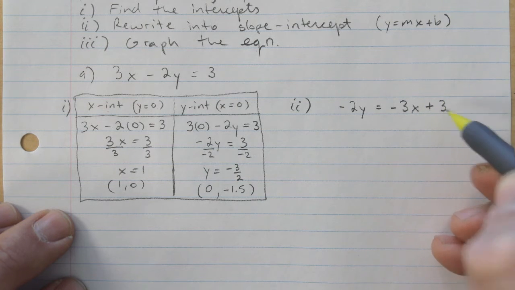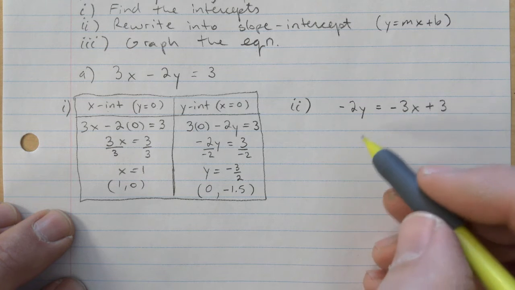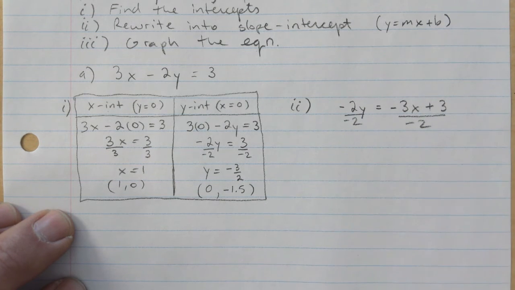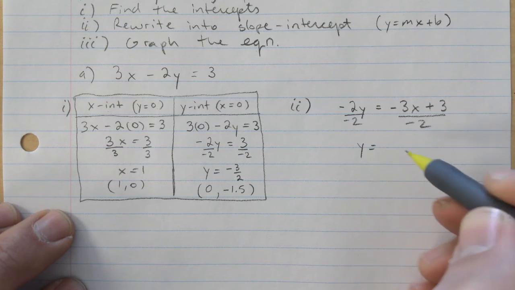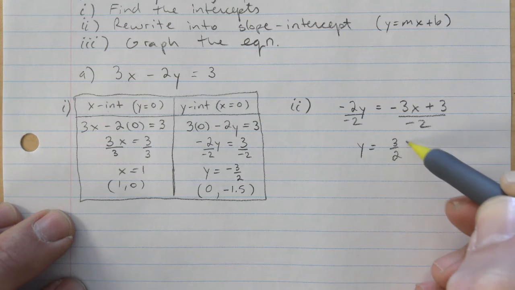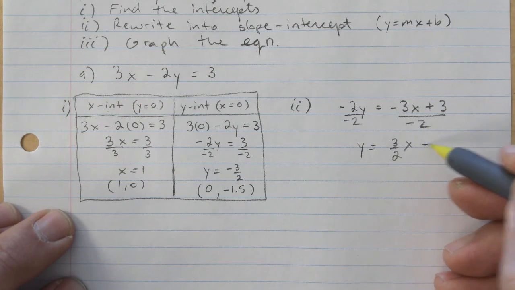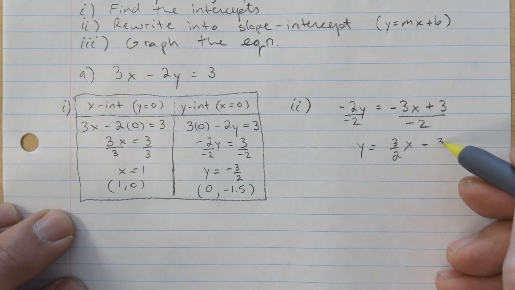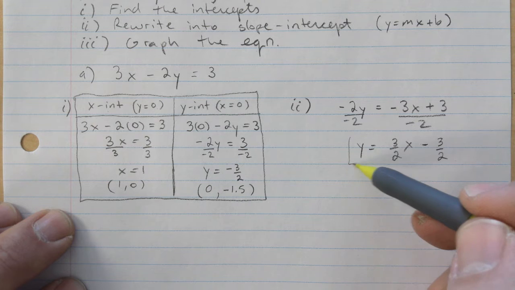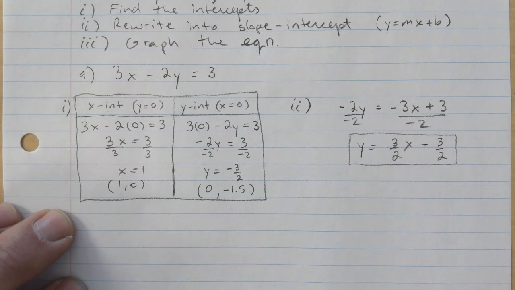Plus 3, because the 3 is already on that side, and it's positive, right? Then I divide both sides by negative 2. Y is equal to negative and a negative, that'd be positive. And then 3 divided by negative 2 is just negative, right? So that's rewritten like that.